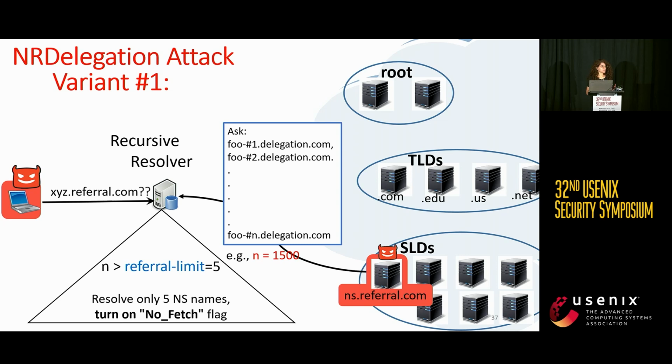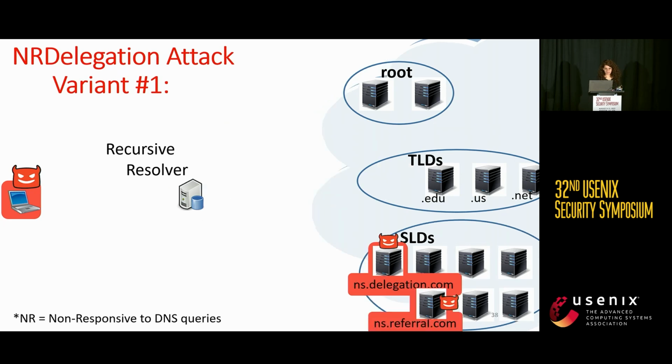Of course, n is greater than the referral limit, so we start only 5 new resolution processes and turn on the no-fetch flag. In this specific variant, the attacker has 2 malicious authoritative servers.